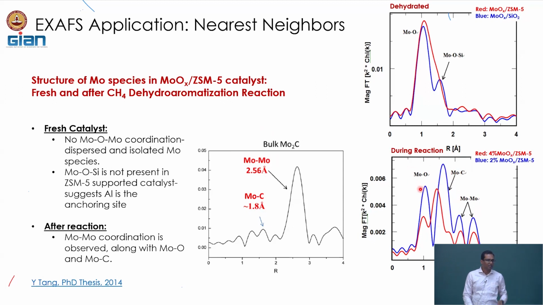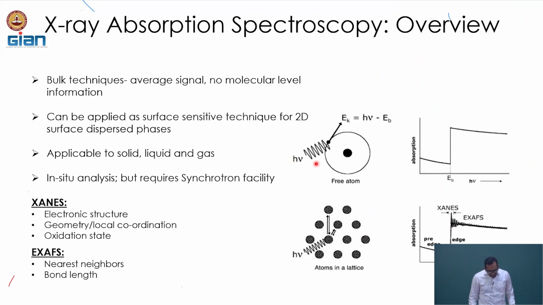So the catalyst after exposure to the reaction conditions, it's not fully oxidized, that is MoOx, or it's not fully carbide, that is Mo2C, but it's somewhere in between, which is an oxycarbidic phase type of thing.